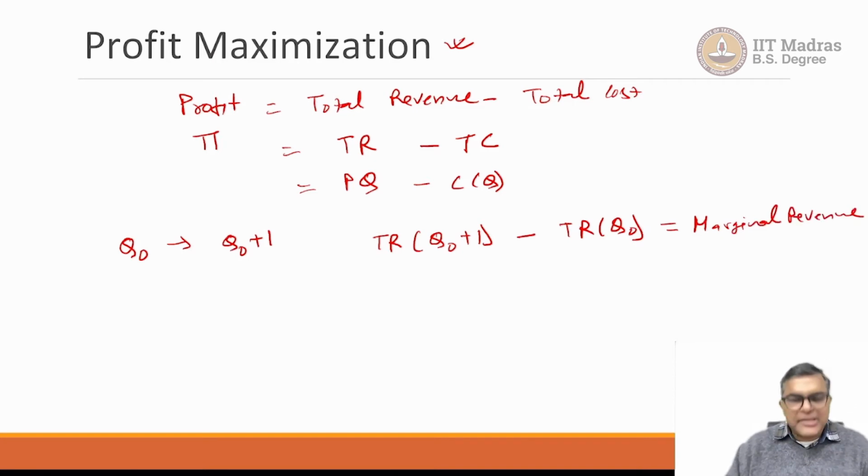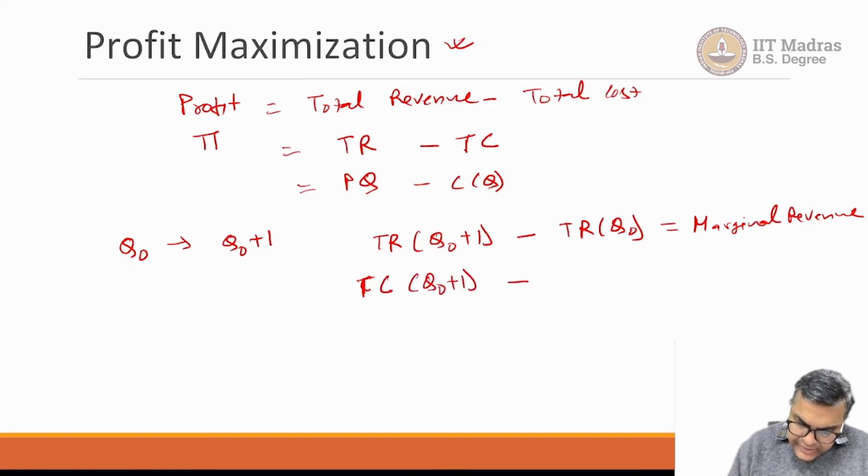Yes, I am using the rudimentary definition of marginal revenue. We could have a better definition, but for basic intuition it helps to take that rudimentary definition. And what happens to cost? Let us say total cost increases in the same way, and this is basically marginal cost.